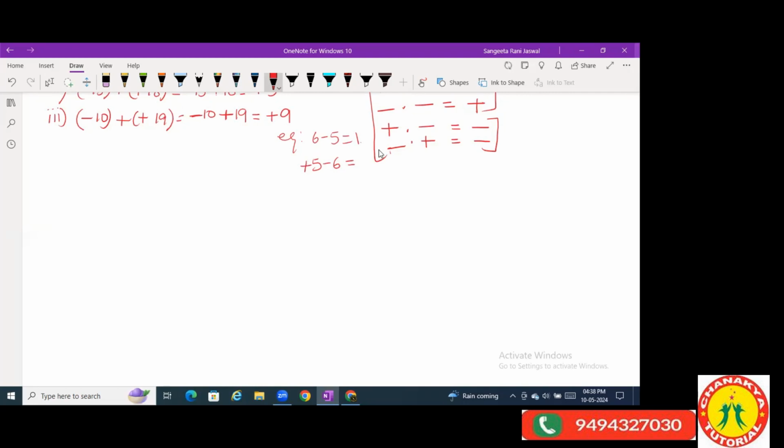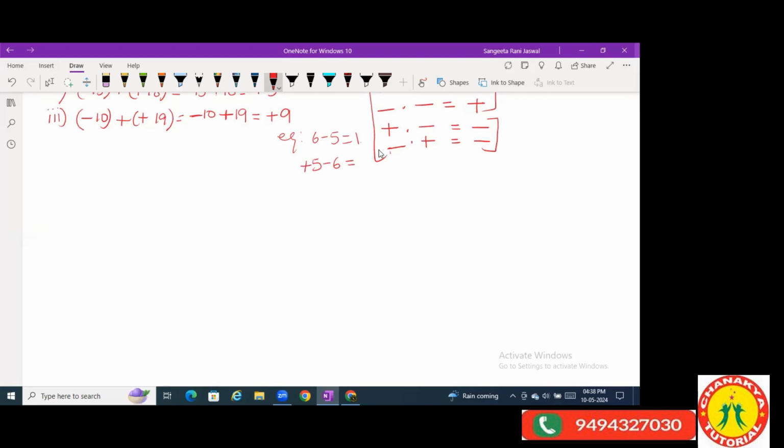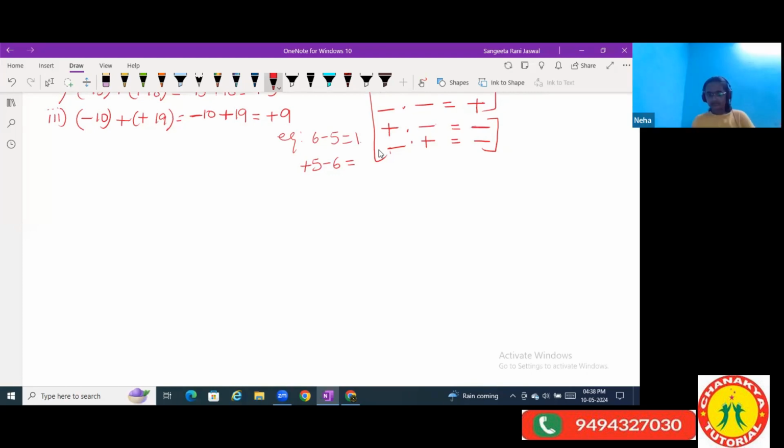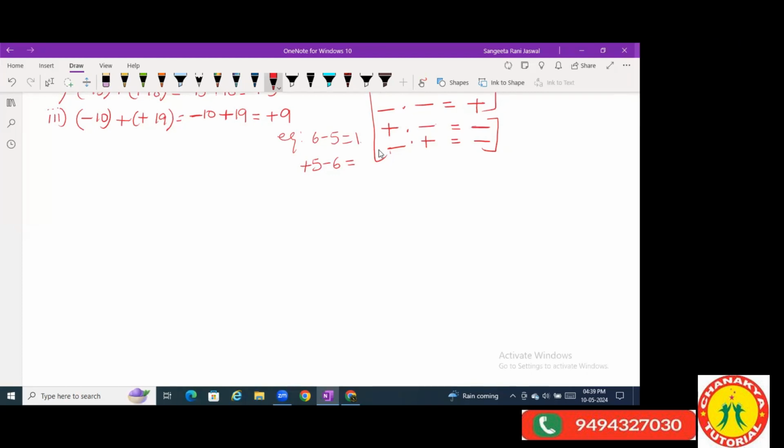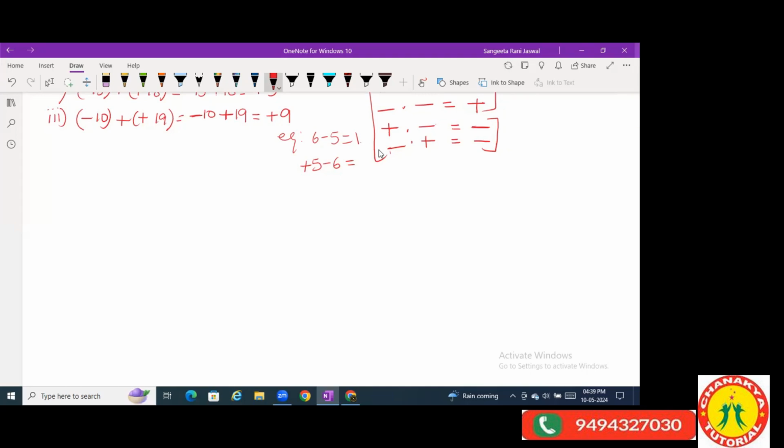The two signs are different, positive and negative. So when two different signs are there, you do subtraction, right? Subtracting the smaller number from the bigger number. So 6 minus 5 is 1.